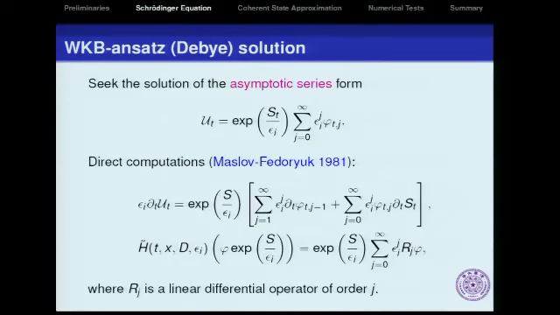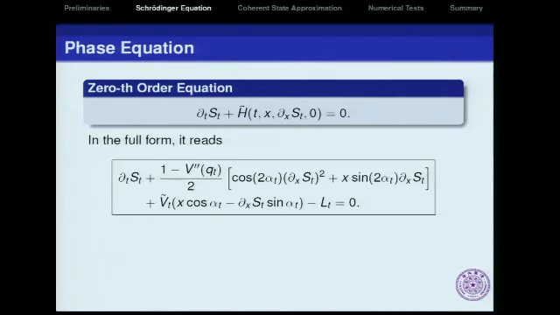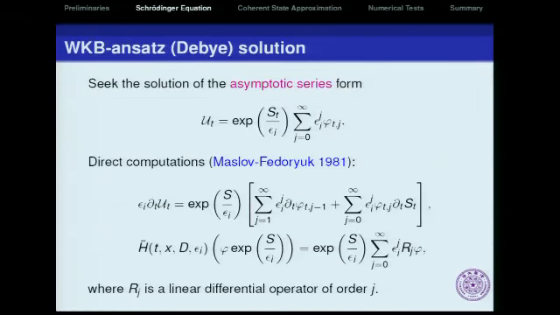Here this one is just the commutation of the operator with the WKB wave function, and here R_j is a sequence of linear differential operators of order j. In particular, if j equals 0, R_0 is just a scalar multiplication operator.